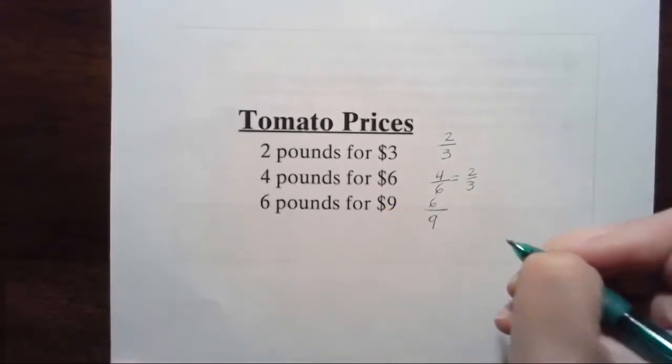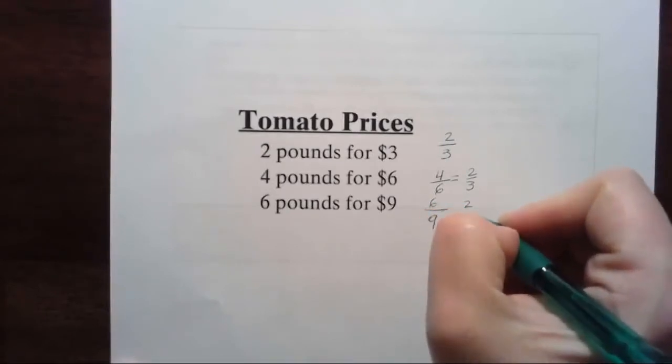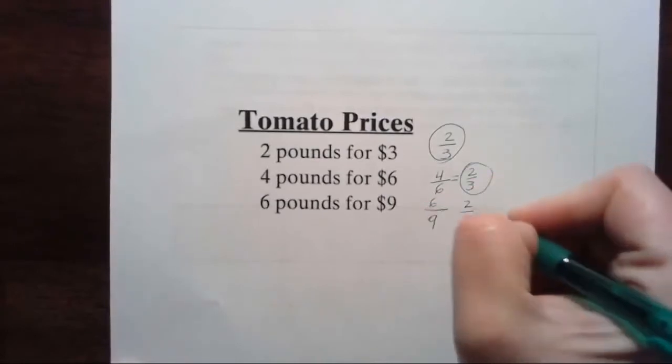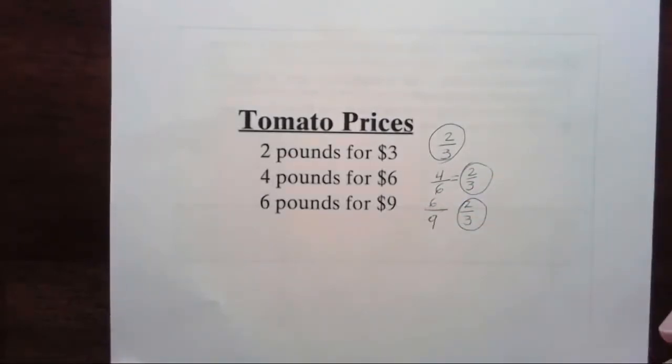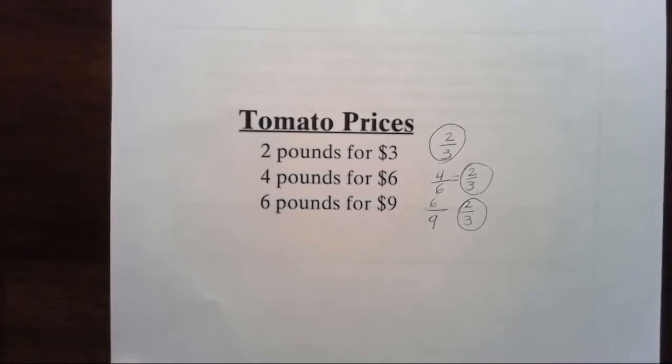And 6 pounds for $9, if I divide both by 3, it's 2/3. Do you see those 2/3s? Those 2/3s every time mean that my relationship is proportional. Those ratios are the same. Good job.